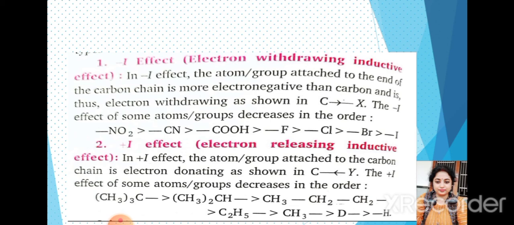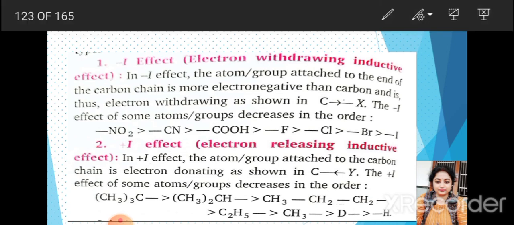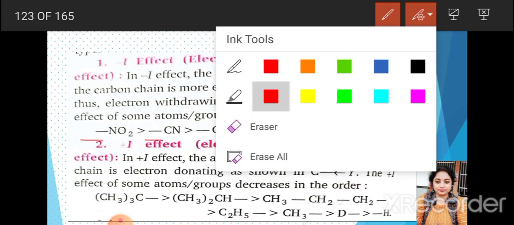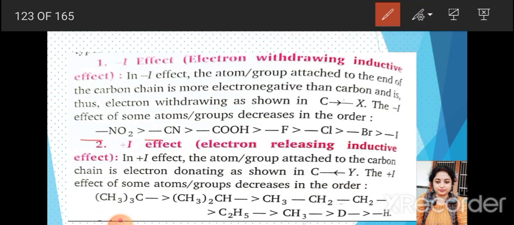A few groups are given here, atoms and groups in decreasing order. Minus NO2, this is not minus, this is the bond. It means it is attached to carbon, as shown here.